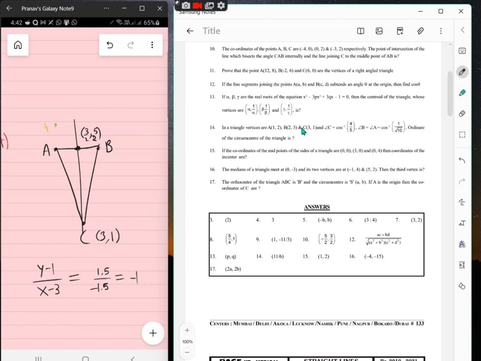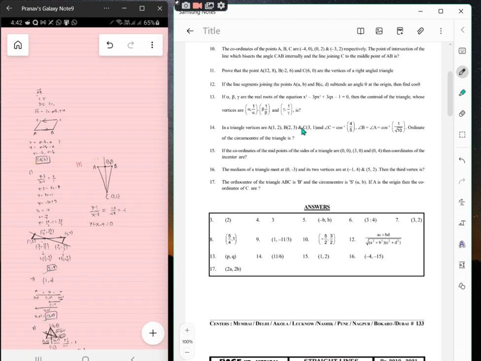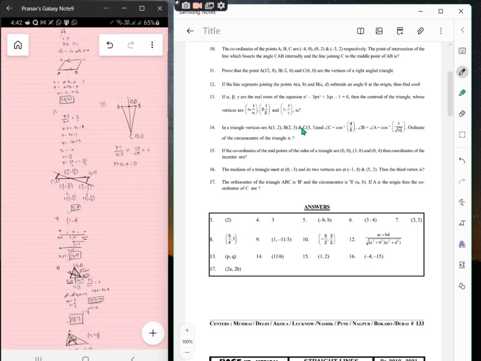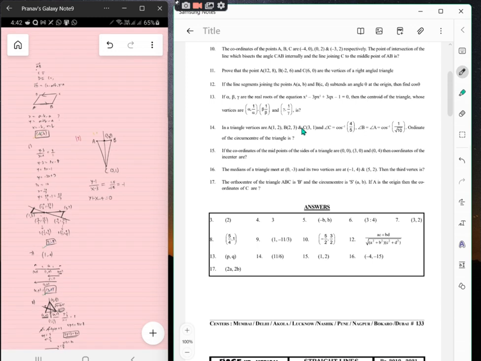This is negative 1. That means y plus x minus 4 equal to 0. That's it. I can't bear it anymore. It's getting very, very laggy. Let's go home.